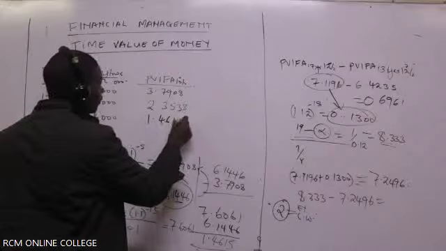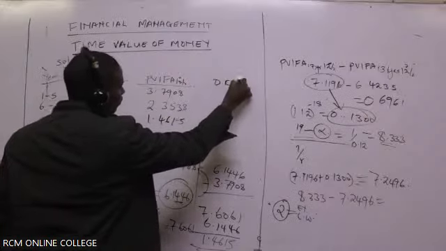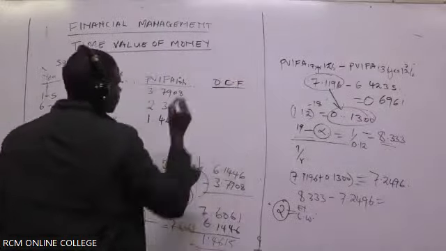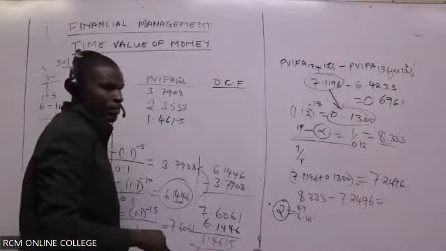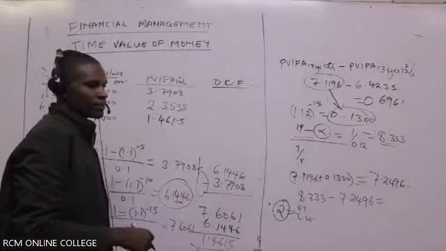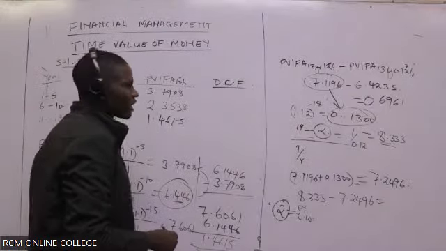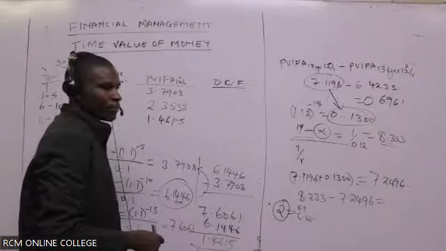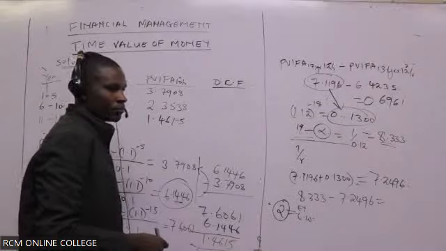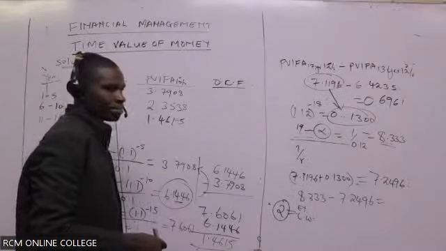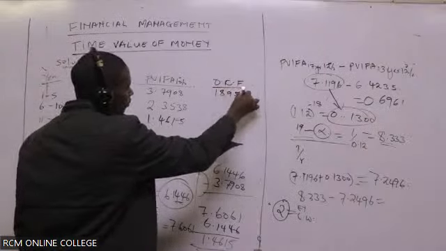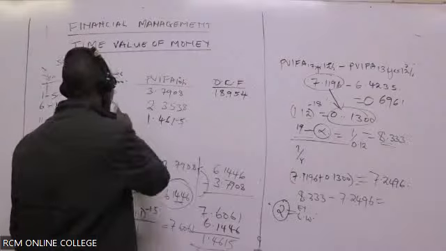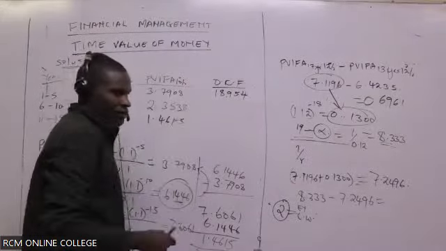So discounted cash flow, year one, this will be 5,000 times this. What do you get? 18,954. Then 9,000 times 2.3538.